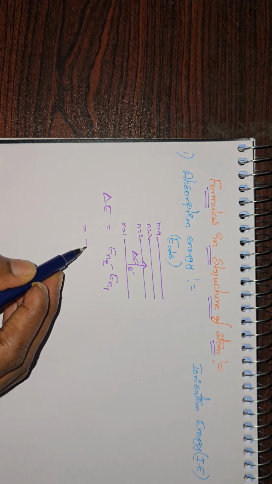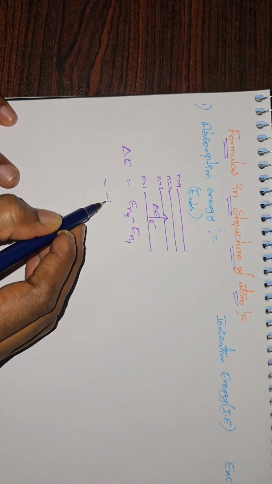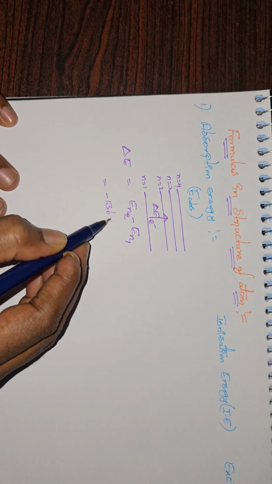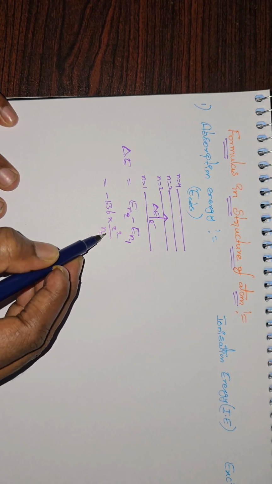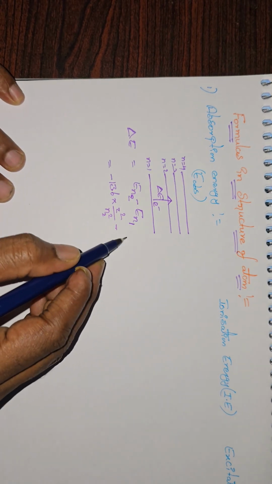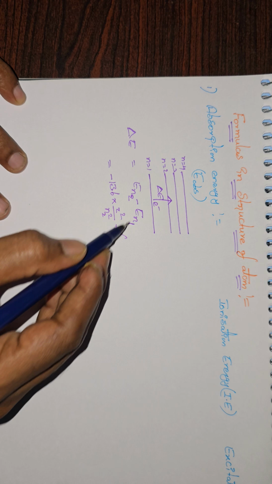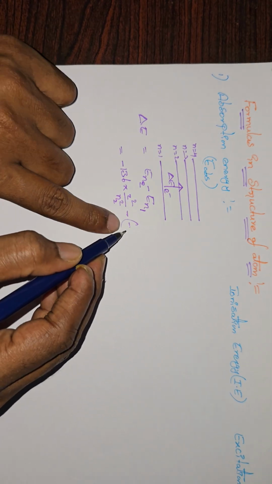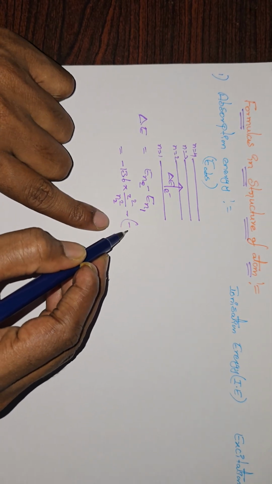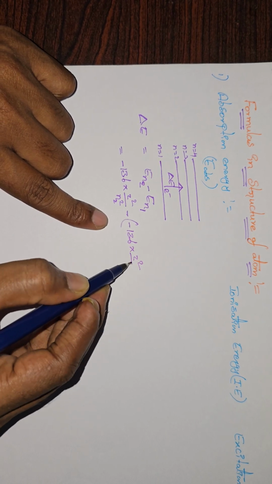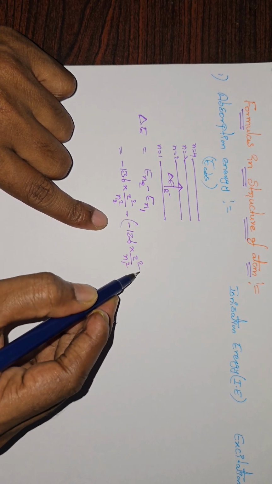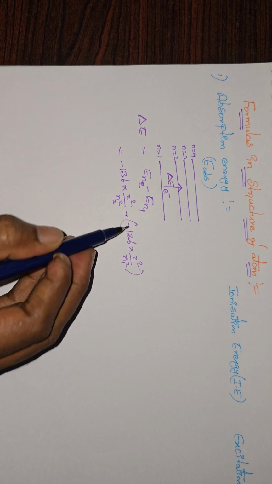The general expression is minus 13.6 into Z square by n2 square, minus the energy of the electron in the lower orbit, common formula, minus 13.6 into Z square by n1 square. So here, minus into minus is plus.